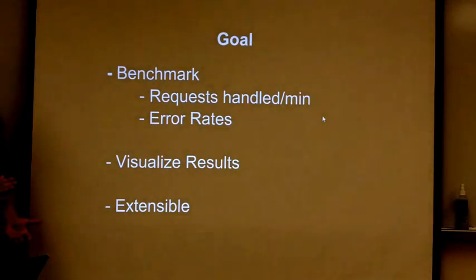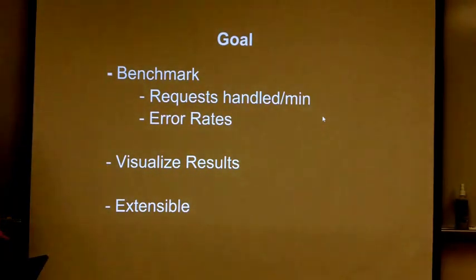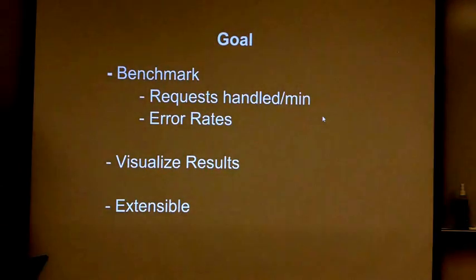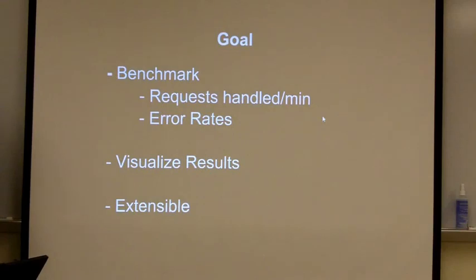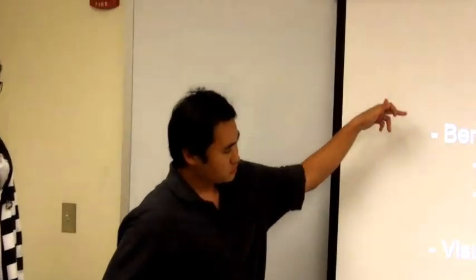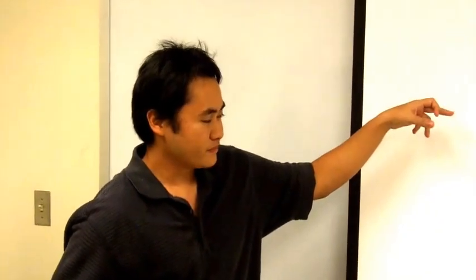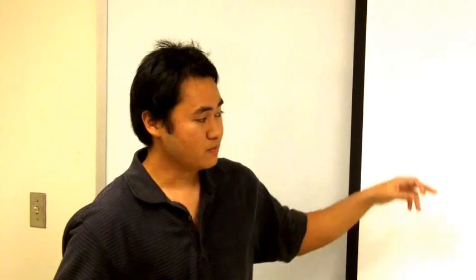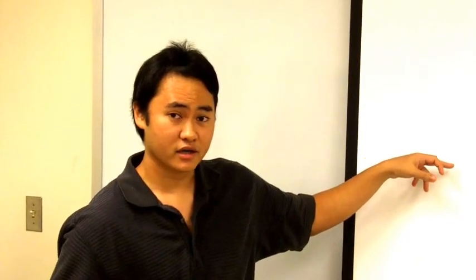So the goal of our project, as you saw on the previous slide with those graphs, is to create a benchmark tool that displays results for users as well as for developers. First goal, create a benchmark tool that measures the requests that are handled per minute, as well as error rates that may occur when running WattDepot.